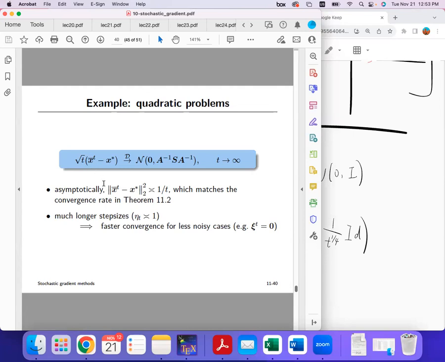So asymptotically, if we consider the square distance, then it is roughly 1 over t. If you square both sides, square root of t becomes t, and you pull it to the right hand side. That is roughly 1 over t. This matches the convergence rate that we developed before.